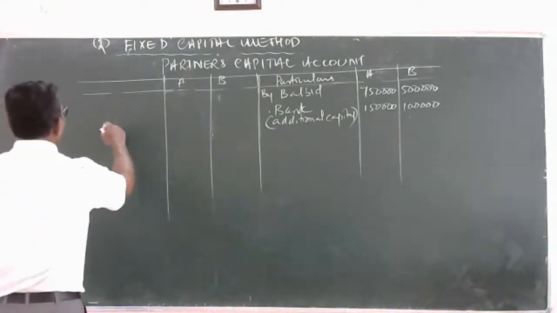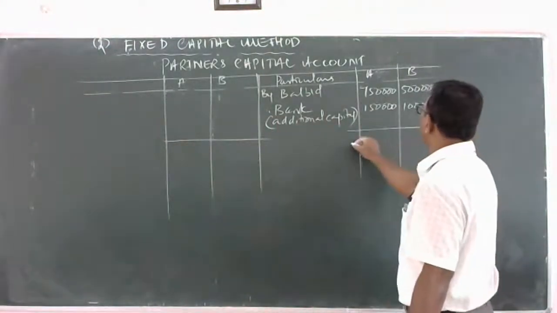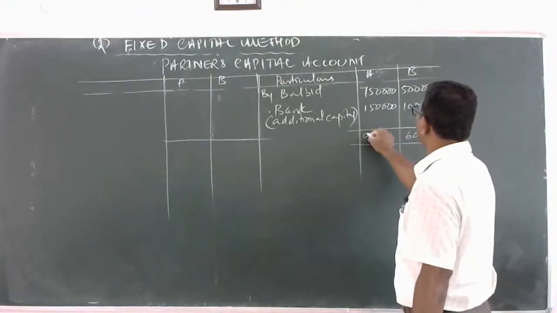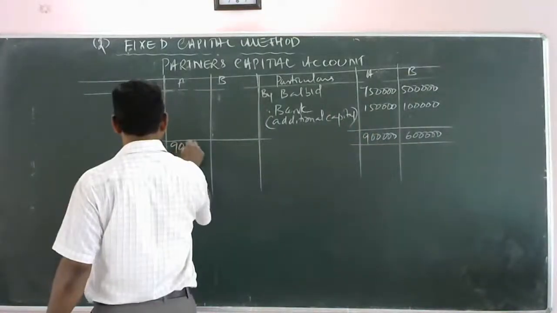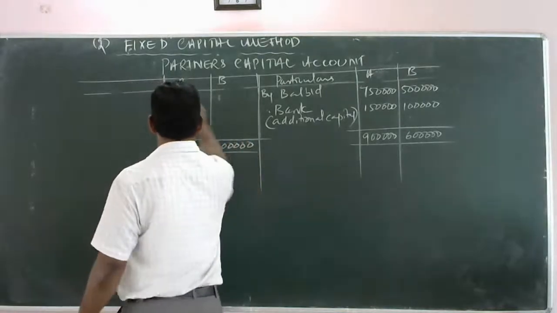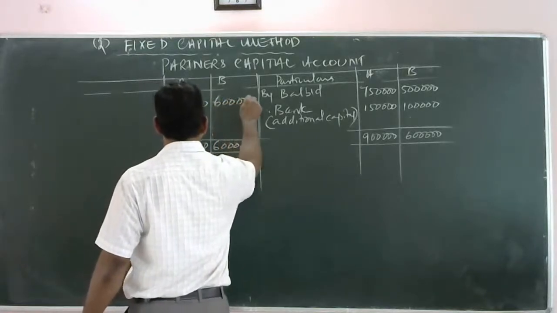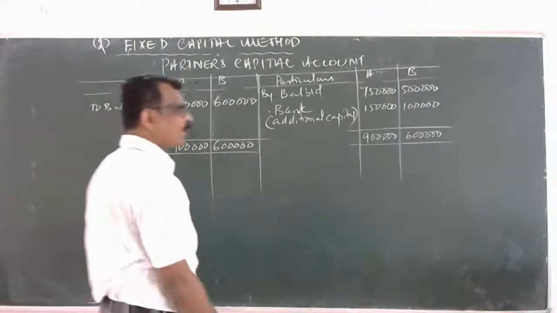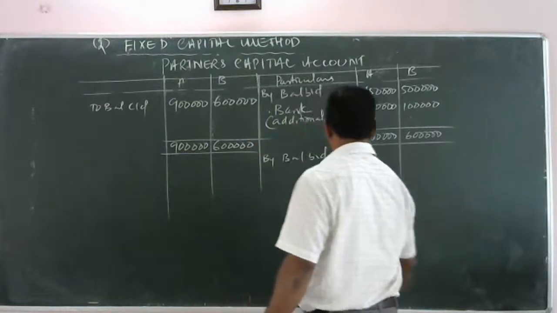So here there are no entries, therefore the balance of capital here is 6 lakh and 9 lakh. Therefore, the balance of capital is carried down, and this will be the balance at the beginning of the next year.